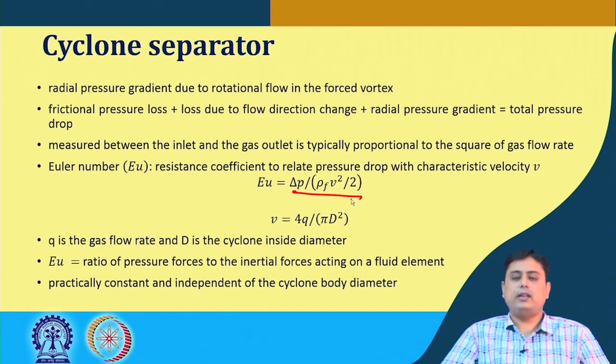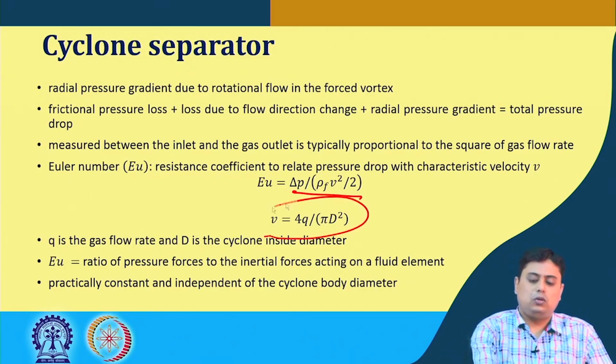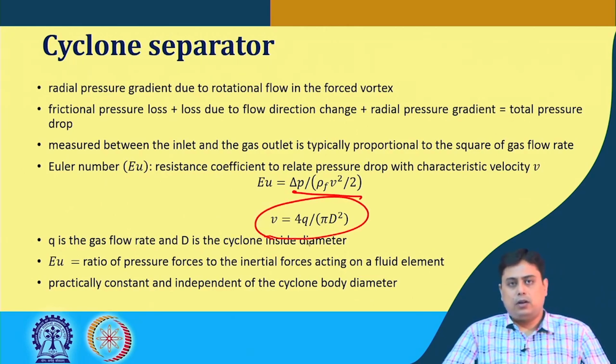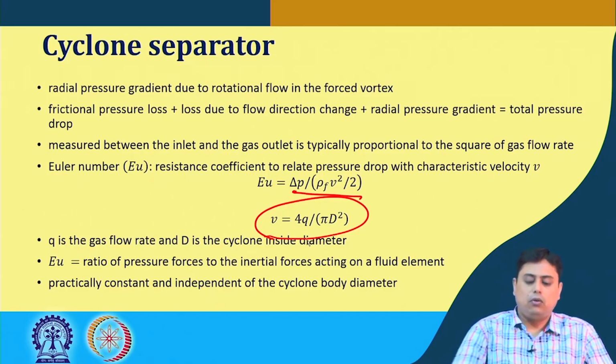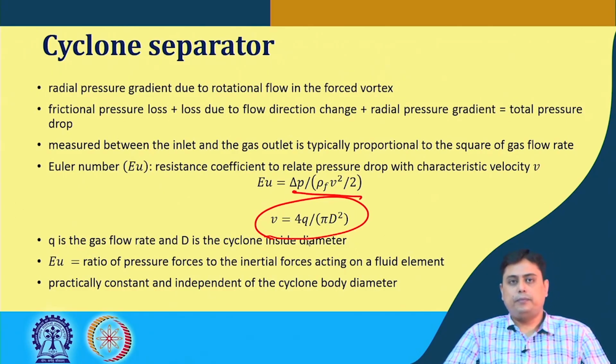and that characteristic velocity can be measured in several ways, but one of the conventional ways is to have, say, for the cylindrical or the conical section inlet, 4q by pi d square. That means flow rate, where q is the gas flow and d is the cyclone inside diameter.